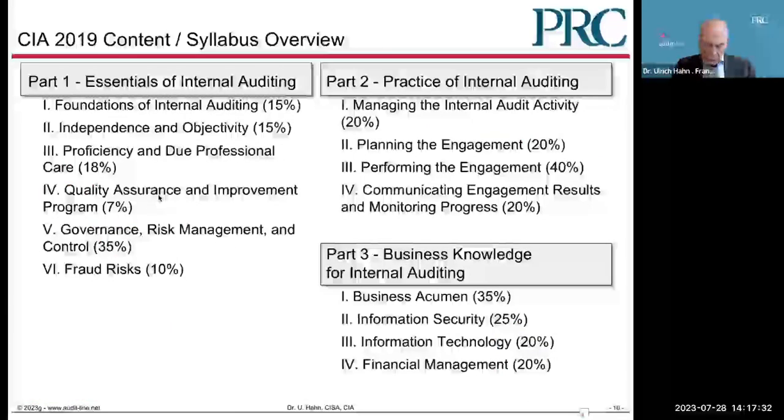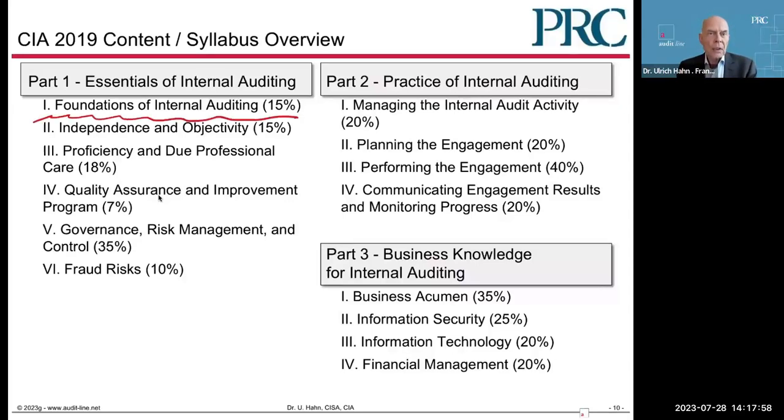These are the details here for the exams, for the parts. When you look into the professional practices, the standards, for example, it's very important to also look into the standards. You see an overlap between the CIA exam and the professional practices, the standards. For example, this is more, I would say, general.